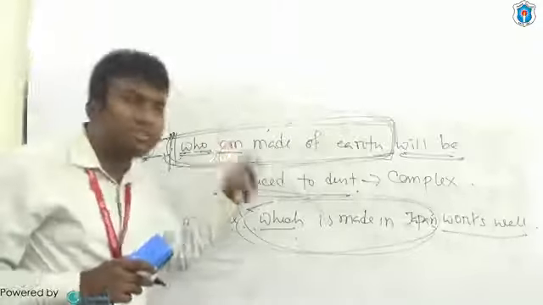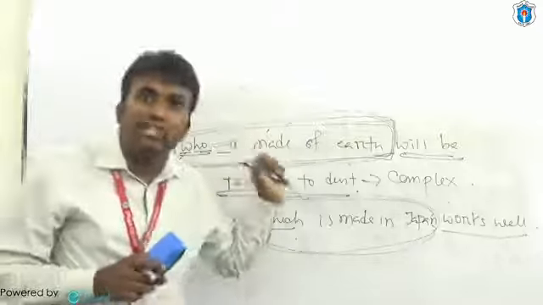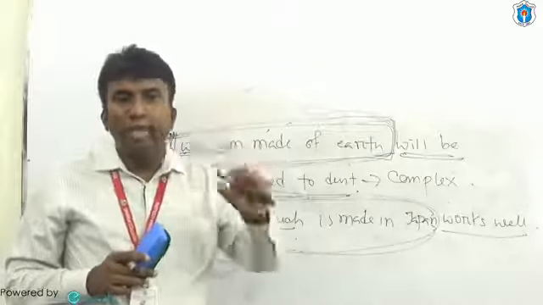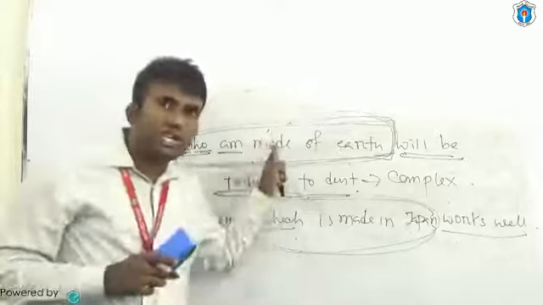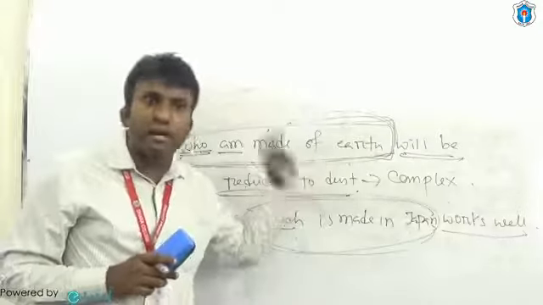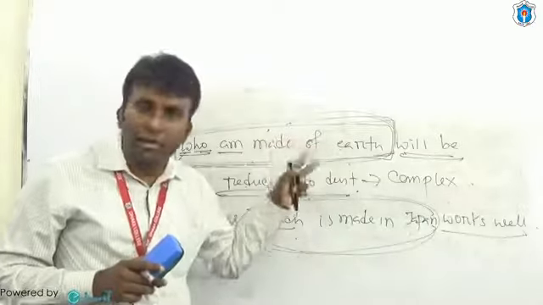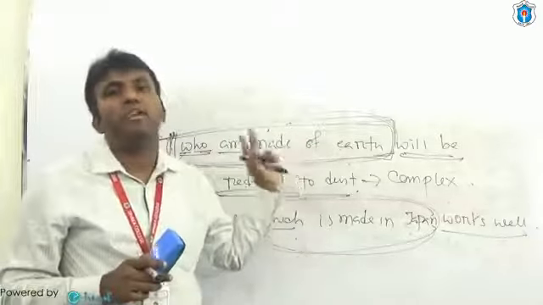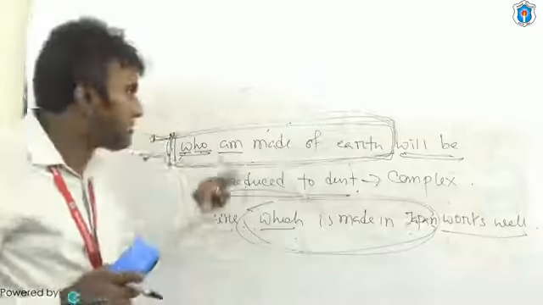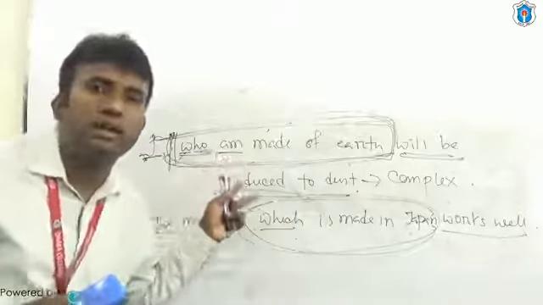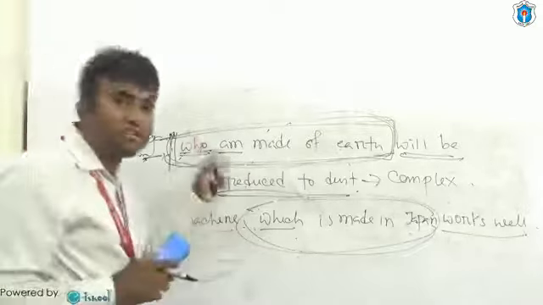And these conjunctions are always used in subordinate clauses. My students, be clear: conjunctions of complex sentences are always used in subordinate clauses. A principal clause must be free from conjunction. Now, let's enlist the conjunctions that are used in complex sentences, especially in subordinate clauses.